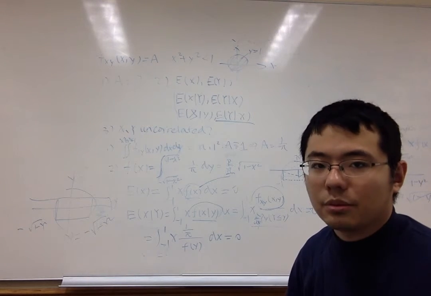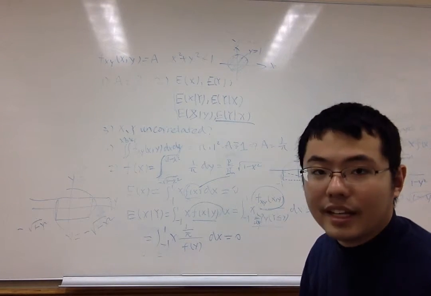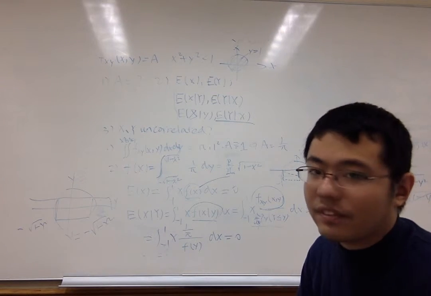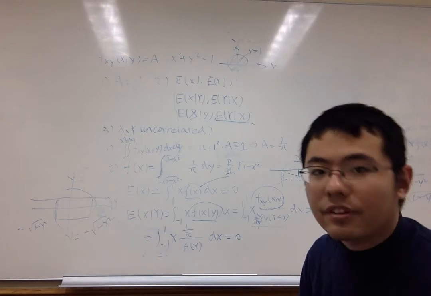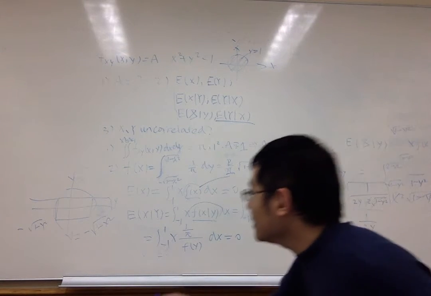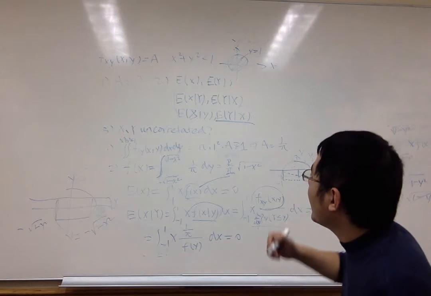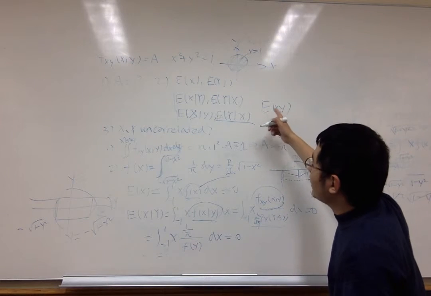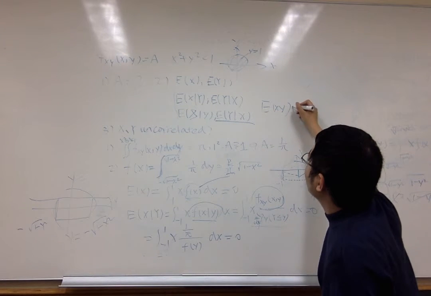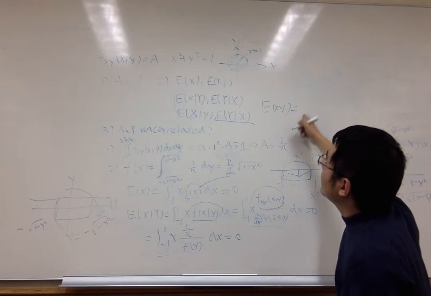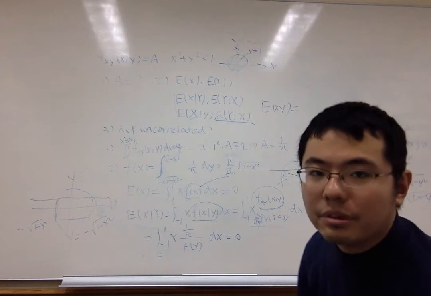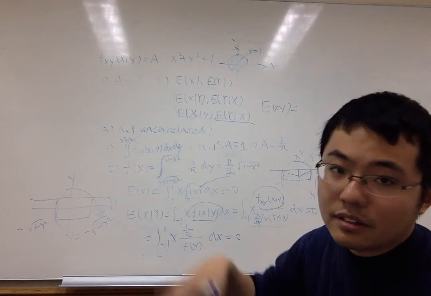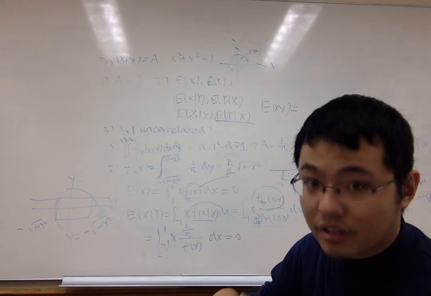And for the last question, we need to find out whether x and y are correlated. So we just calculate the product of their expectations and the expectation of their product. EXY, the expectation of their product, equals 0 because it's still an odd function in a symmetric interval.